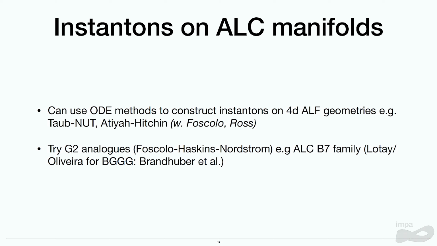It was called the BGG metric, which is one of this family. There, you're getting an ODE system where the coefficient functions are all explicit. In general, the B7 family is not explicit, so you don't have as much control over the ODE system as you'd like. So it's a bit more difficult.